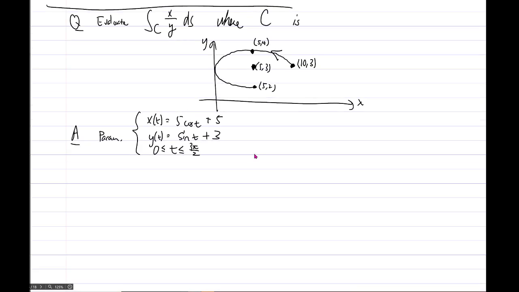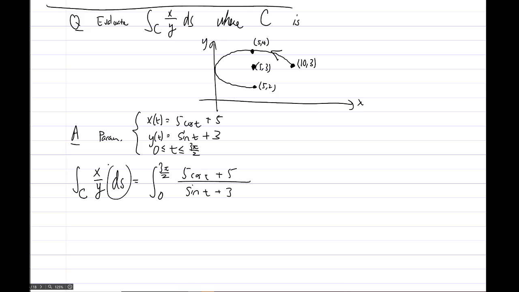Now, let's set up the integral. Okay, the integral of the function x over y, over the curve C, ds is, well, the integral. So we need t bounds here, 0 to 3 pi over 2. Then we need x over y, but we need the parametric versions of these. So 5 cosine of t plus 5 over sine of t plus 3.